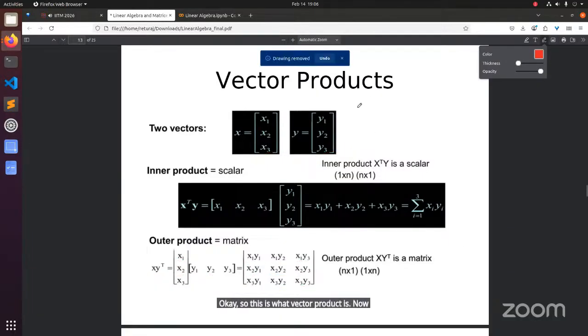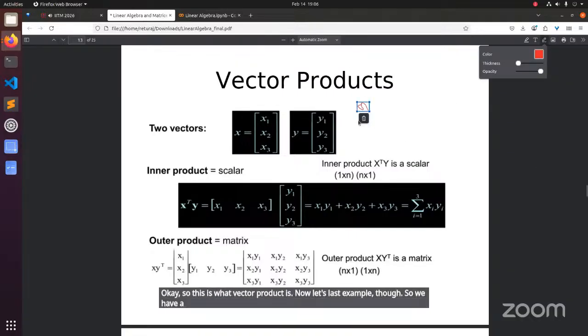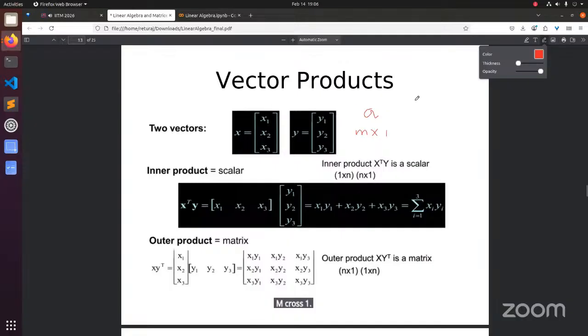Now let's do the last example. Say we have a vector A of size m cross 1, and we have a vector B of size n cross 1.